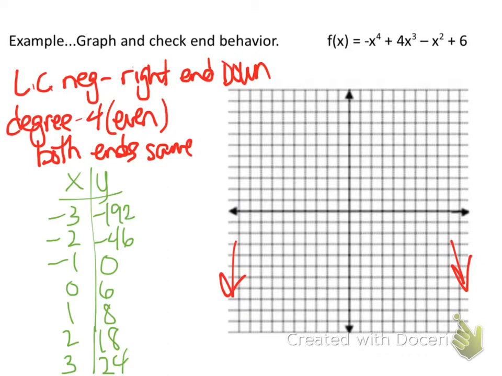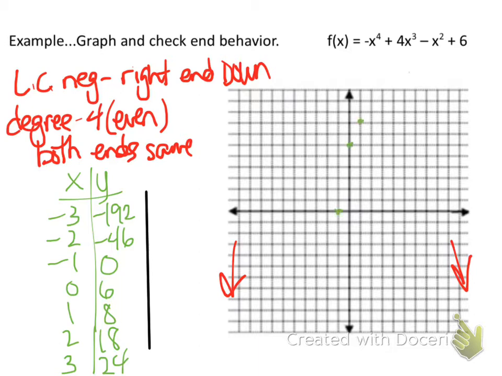Now we could make a quick t-chart, plug in some negative numbers, plug in some positive numbers, and if we look at the way this is looking, it doesn't necessarily look like the right end should go down. It's starting with negative 192, and all of my y coordinates are getting increasingly large, so you might think that it starts off small and gets large. But we know from our end behavior that that's not the case.